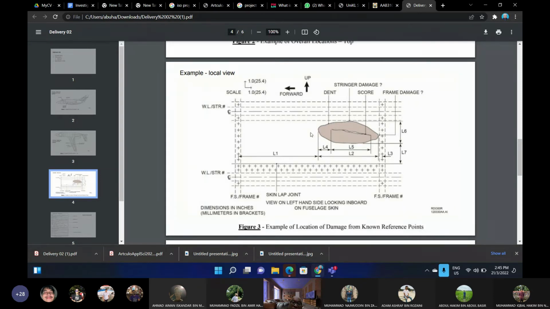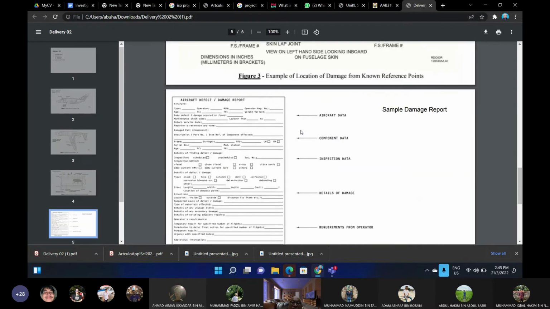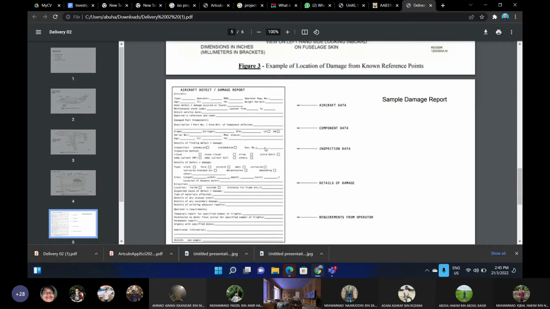Okay, after you have those two sketches, then you write the report like this example here. You can redo this or make something similar to this, but what is most important, if you redo it, please don't lose these 5 components.